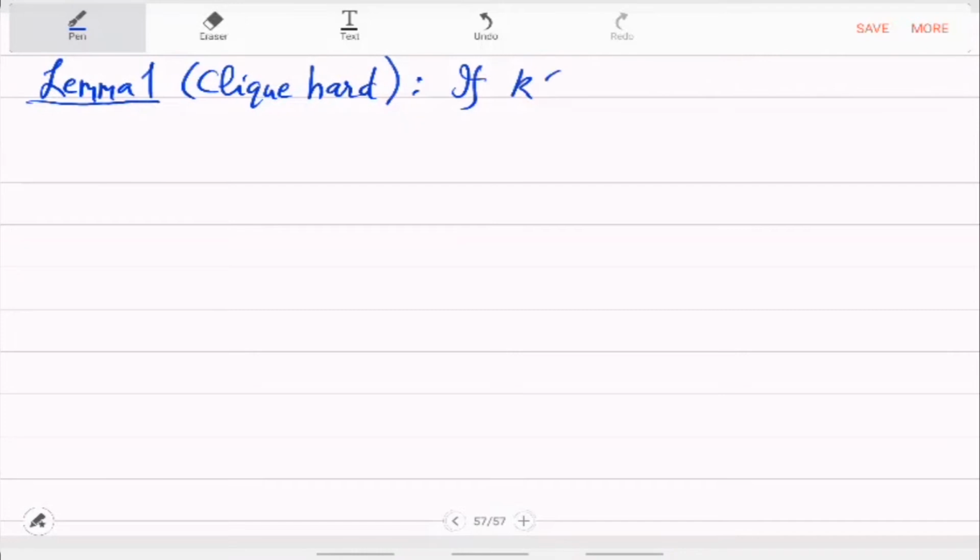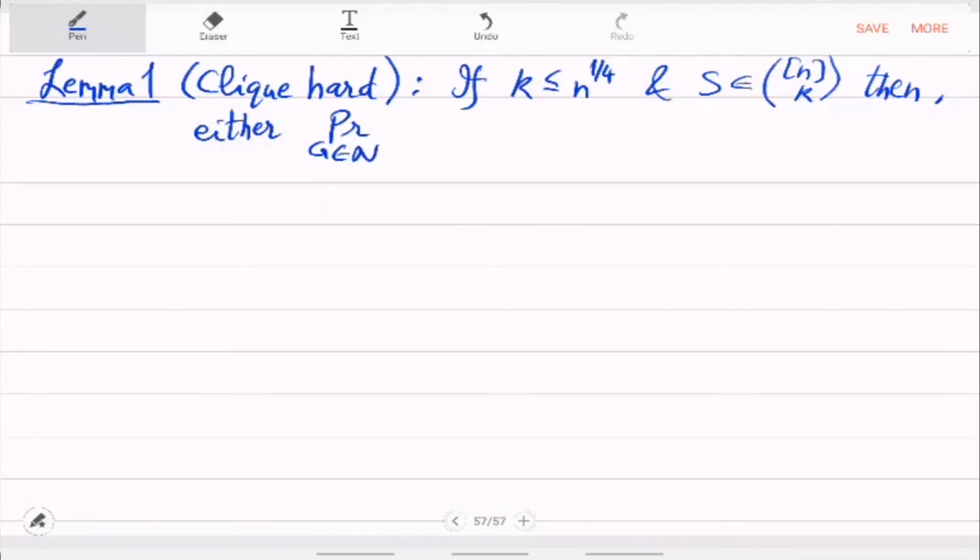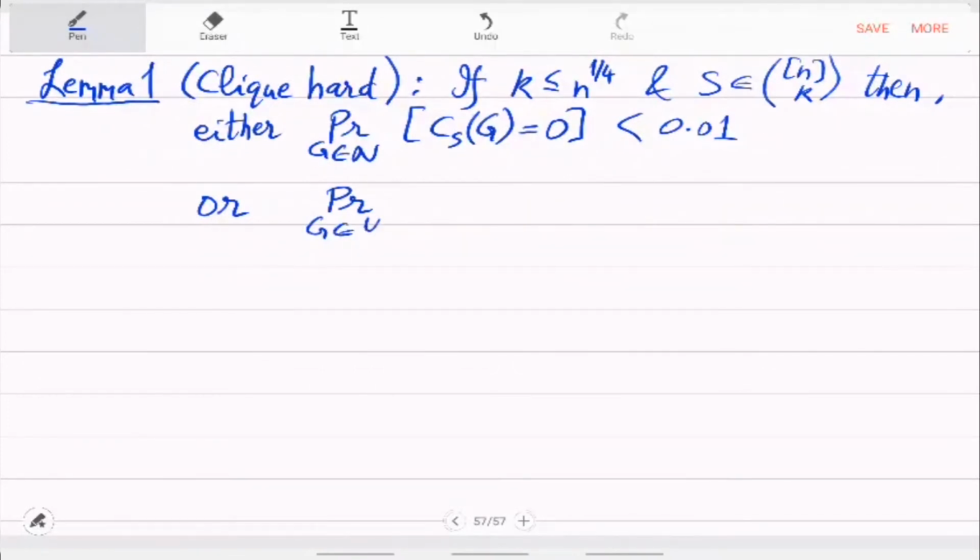So if k is, let's say, n to the 1/4 and S is a subset of size k, then either the probability on no instances of being 0, the indicator saying 0, which is the correct answer, is quite small, or on the yes instances saying 1, which is the right answer, is extremely small.